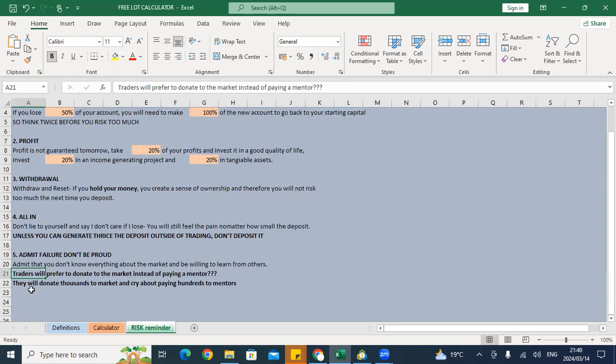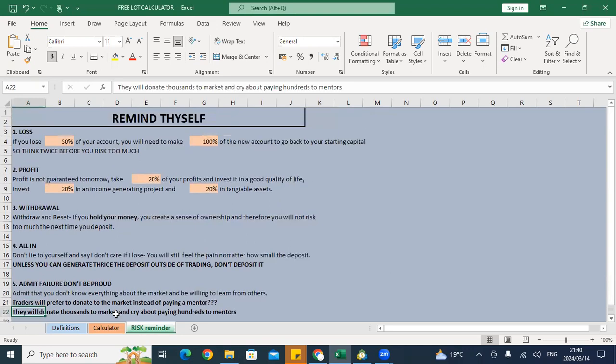So they will donate thousands to the market and cry about paying $100, 200, $500 to a mentor. So this is just a side note, to remind yourself that you should admit failure and you shouldn't be proud. If you feel like you need to up your game, find someone that knows a little bit more than you. Okay, it's not painful to do that.